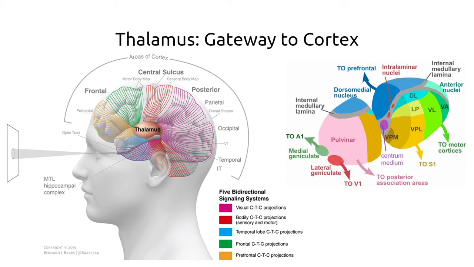So I might have one part of the brain that's thinking of a word, and if I want to actually say the word, then I need to route that information from that part of the brain to the motor part of the brain, so it actually goes ahead and says something. So I need the thalamus to actually implement that routing, and of course I'm also going to need something to control the thalamus, to control when I'm going to do that routing. We'll get to that later. That'll be the basal ganglia.